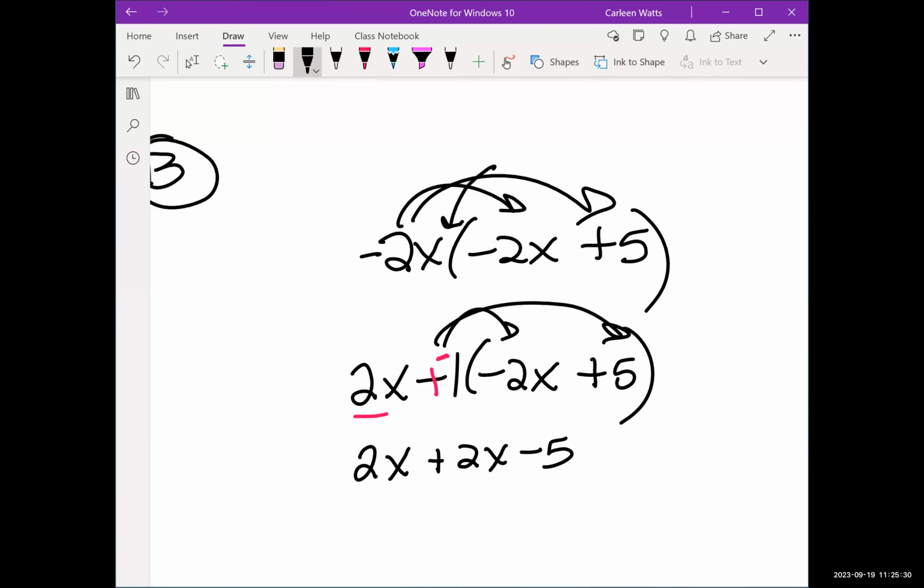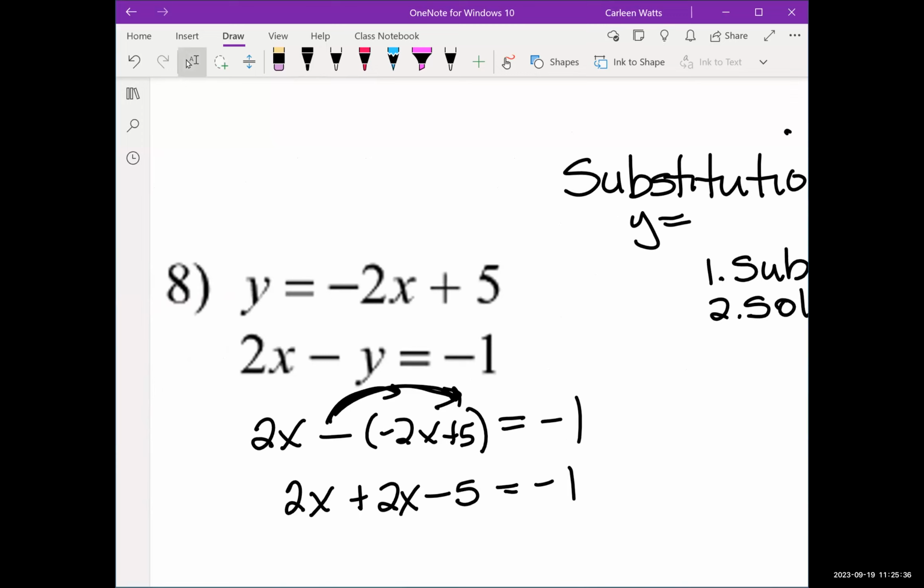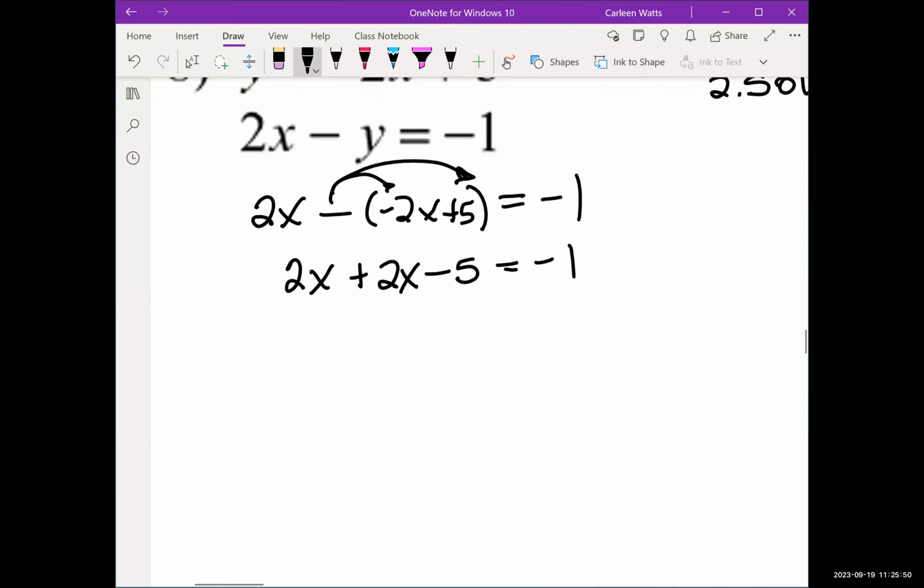Very important, tiny little details. So there we are. I'm subtracting -2, that ended up plus. I'm subtracting 5, there's my minus 5. Okay, hopefully better. And sometimes the next one, you're going to be like, now I get it.